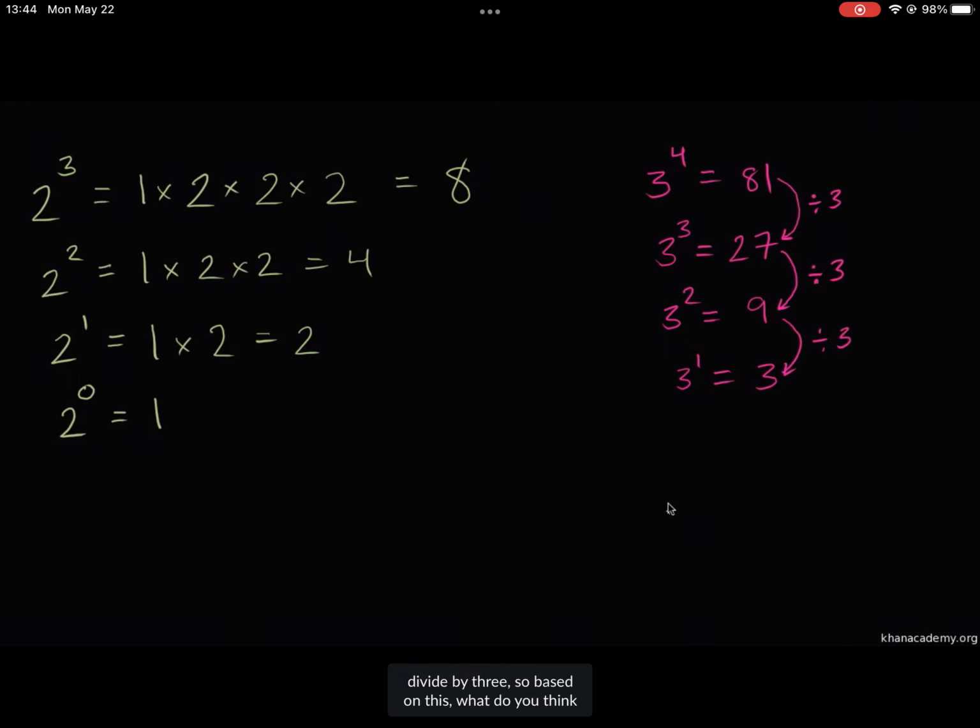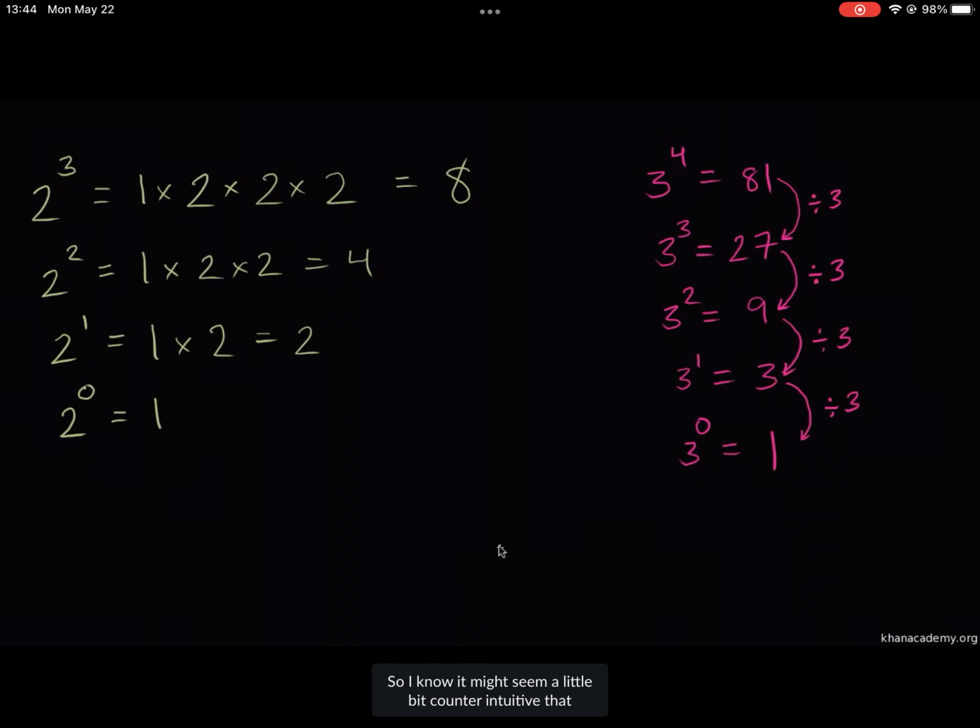So based on this, what do you think 3 to the 0 power should be? The pattern is every time we decrease our exponent by 1, we divide by the base. So we should divide by 3 again, and 3 divided by 3 gets us 1 again.